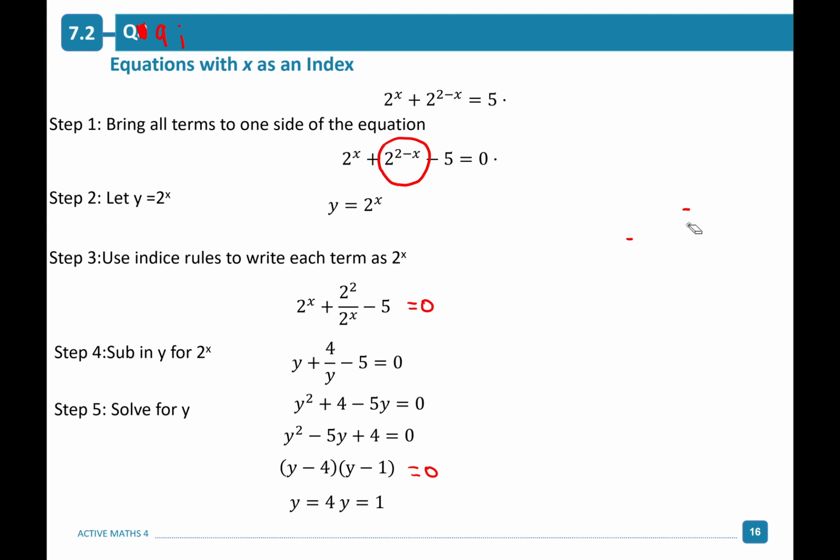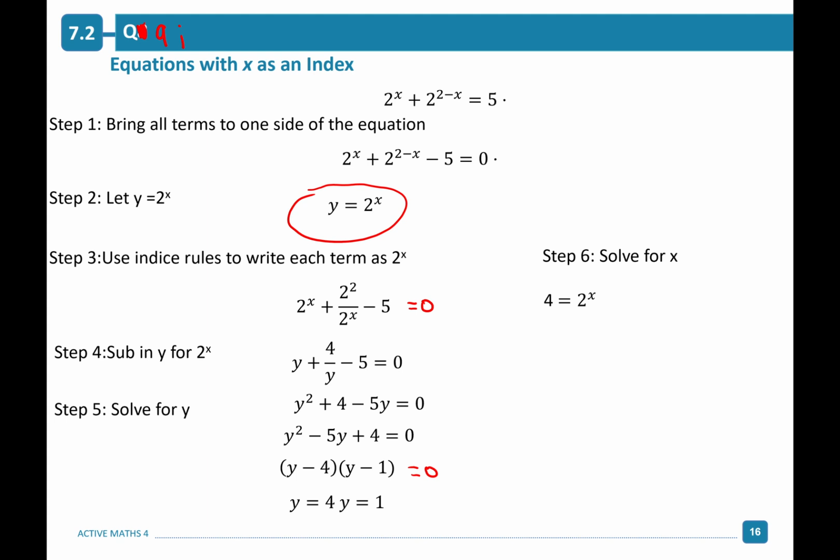Don't forget that this question is asking you to solve for x. We find the value for y, so now we substitute it into our equation y is equal to 2 to the power of x and solve for our x exponent. This gives us 4 is equal to 2 to the power of x.